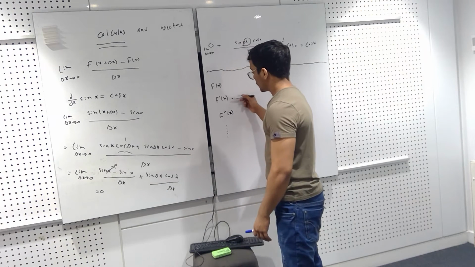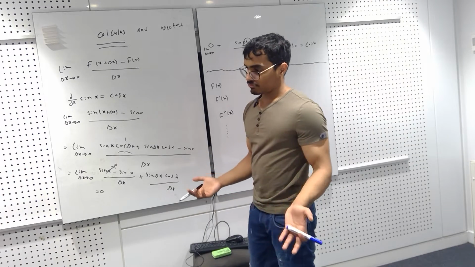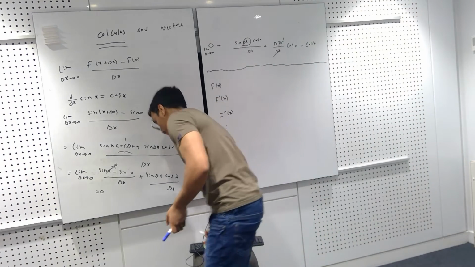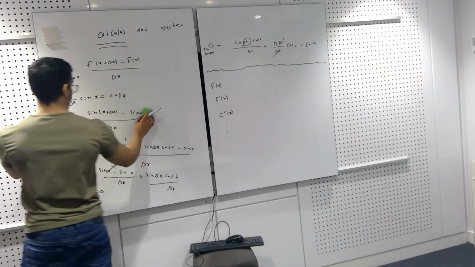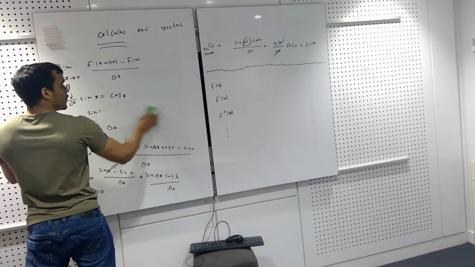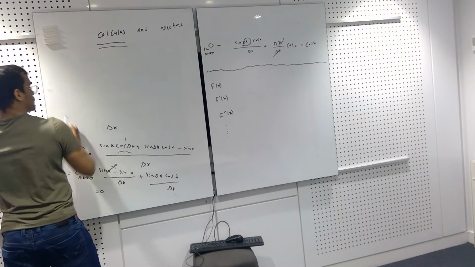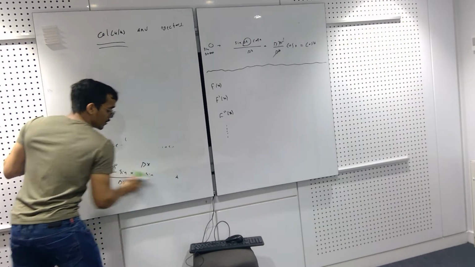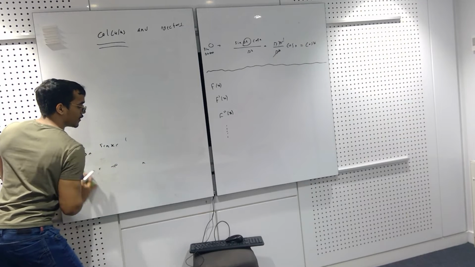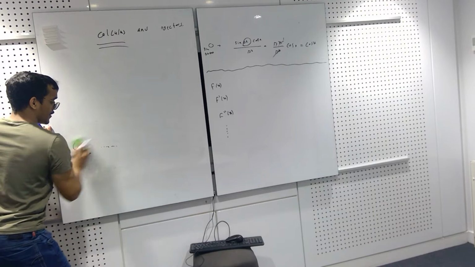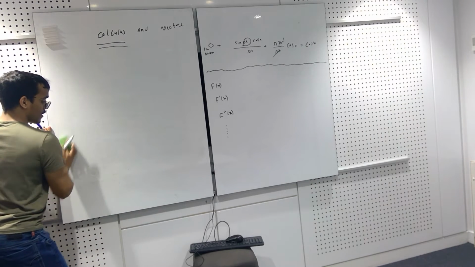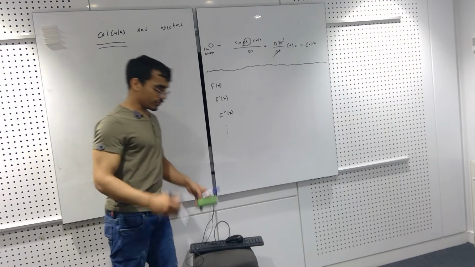The first derivative is important because if you want to find the maximum or minimum of a function, those are the stationary points. But all of those higher derivatives come into play once we go to something called the Taylor series. The Taylor series is a series you can use to approximate any function.